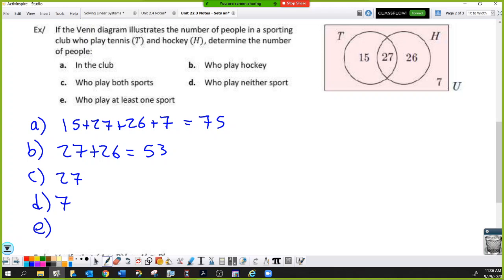So what this means is you're going to include the 15, the 27, and the 26. Now, just because you're in a sporting club doesn't mean you play sports. It just means that you like sports. So it's 75 minus 7, 68. You can make no assumptions. You can only know what is given to you in the Venn diagram.